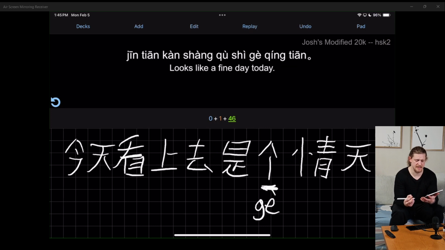This "g" that was used as a measure word previously, right? Or for like 一个 one, 两个 two, 三个 three, 四个 four. This "g" here has been used behind the character for 是.